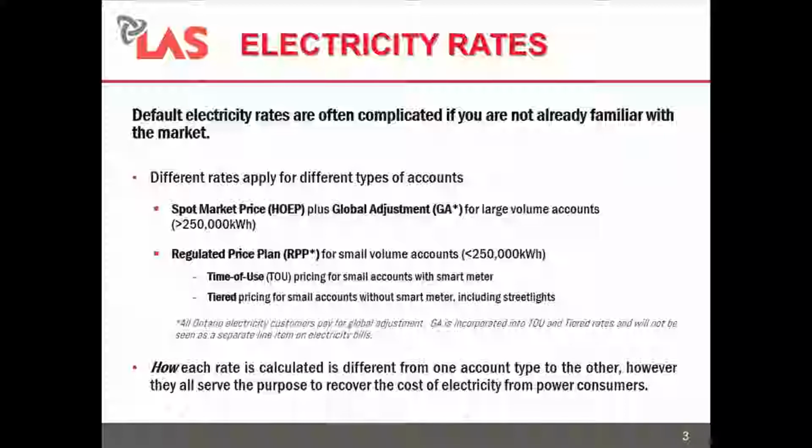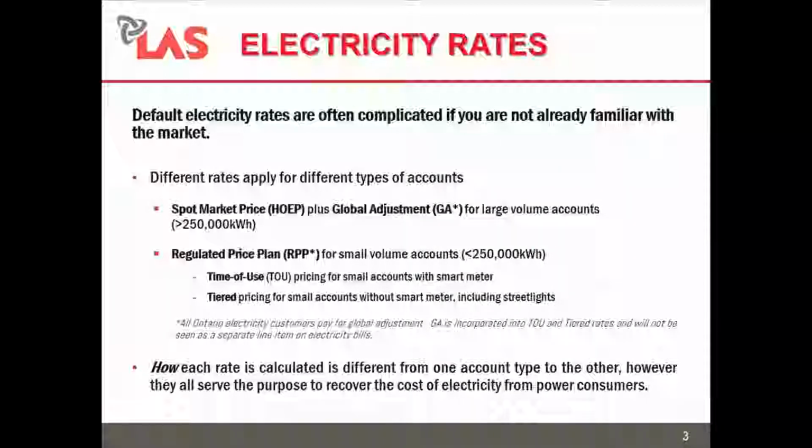They buy electricity on the wholesale market, transfer it to the customer, and collect the money from their customer, and this charge will cover the generation of all the electricity in the Ontario market. So it doesn't matter whether you are on RPP or spot market plus GA. It's the same. You are supporting the same group of generation resources.